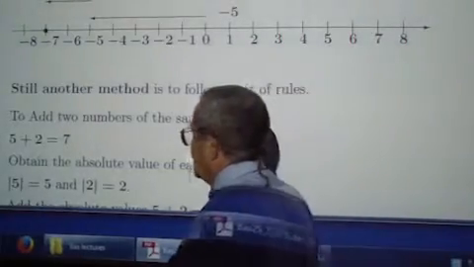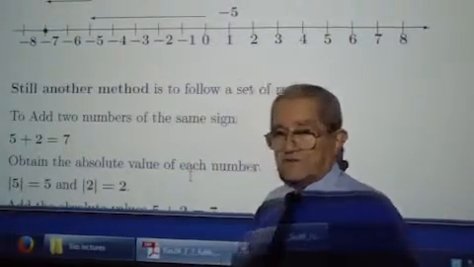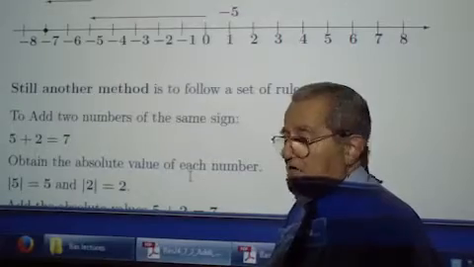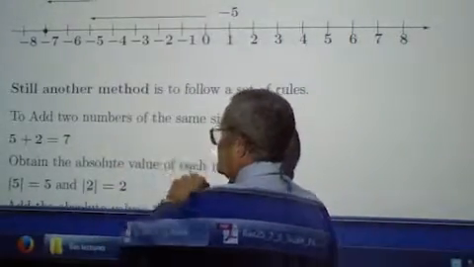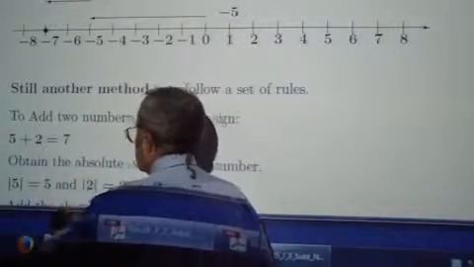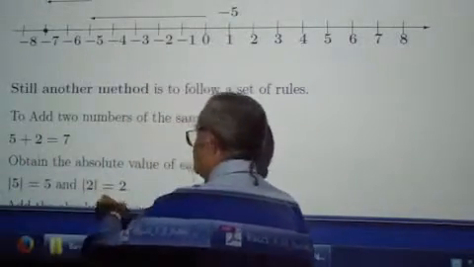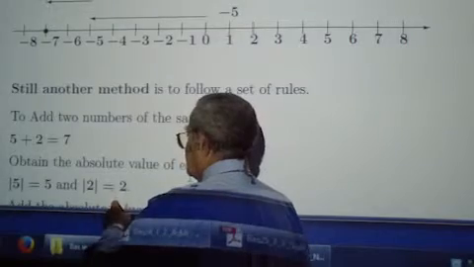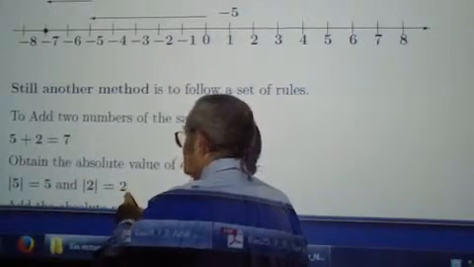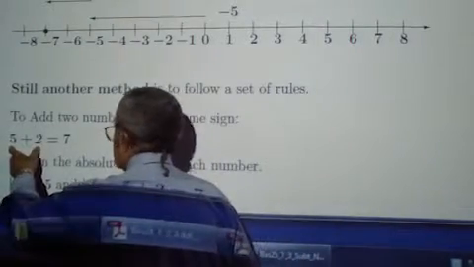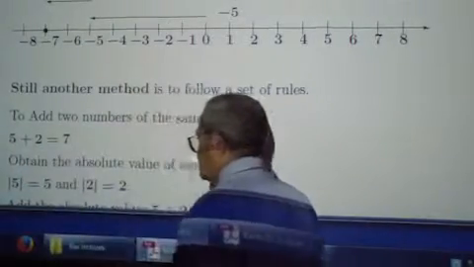When you add 2 numbers, and this is good for lawyers, future lawyers, or paralegals, to add numbers of the same sign, 2 positive or 2 negative numbers, take the absolute value of the 2 numbers, so you have 5 and 2, add the absolute values, 5 plus 2 is 7. The sign of the result is the sign of the original numbers, positive, so +7.